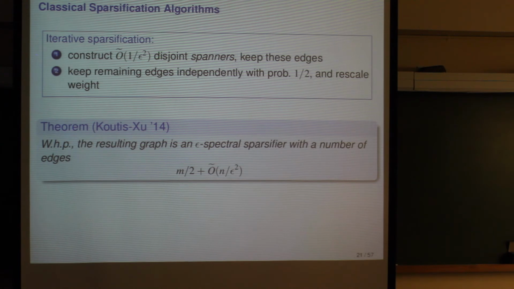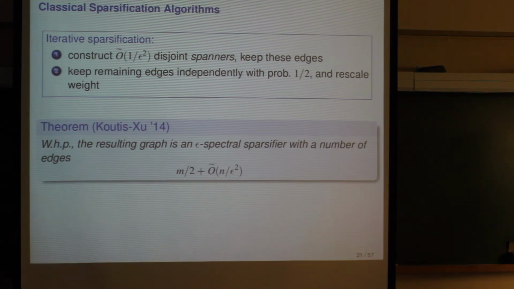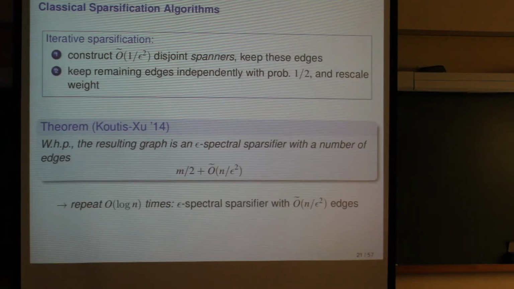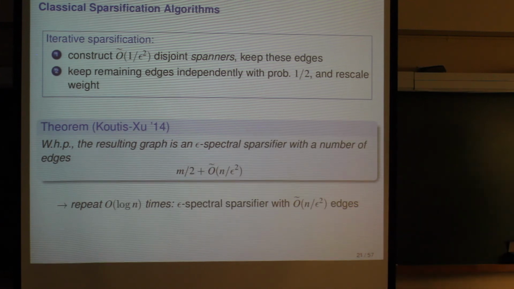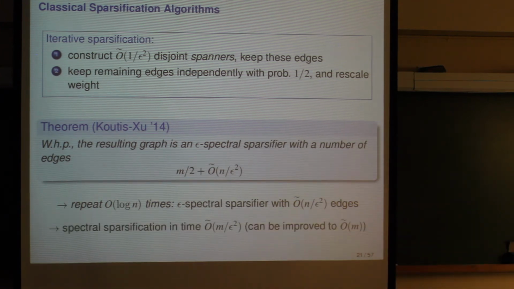And this is an algorithm which was recently proposed by Kyng and Sachdeva, and they show that this algorithm works in the sense that it gives an epsilon spectral sparsifier with approximately half the number of edges of the original graph. So you can just do that a log number of times, and that will give you an epsilon spectral sparsifier in the end.